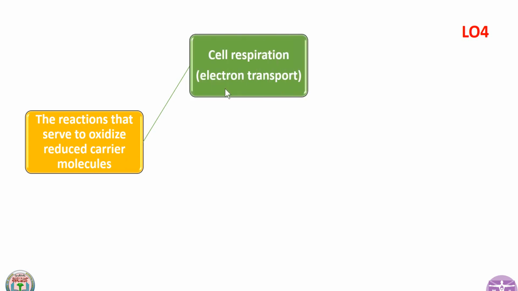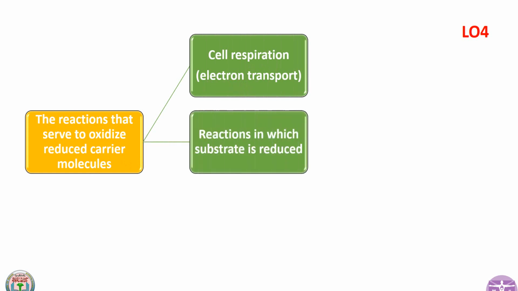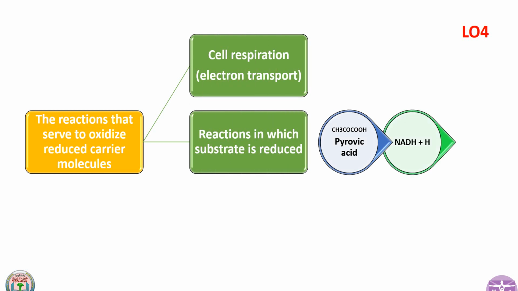This happens either during cell respiration, which is called electron transport, or during reactions in which a substrate is reduced, such as in the conversion of pyruvic acid to lactic acid.